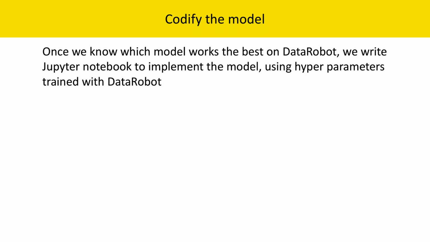So with DataRobot, you're able to get most of that done. DataRobot will actually train 20 different algorithms, from random forest to gradient boosted trees to all kinds of things. Eventually they will tell you with the leaderboard which model works best and what feature set, right? So once you have that, it's an easy task.